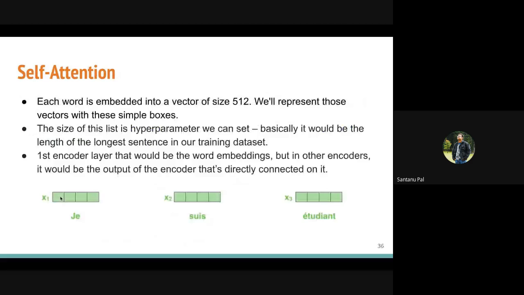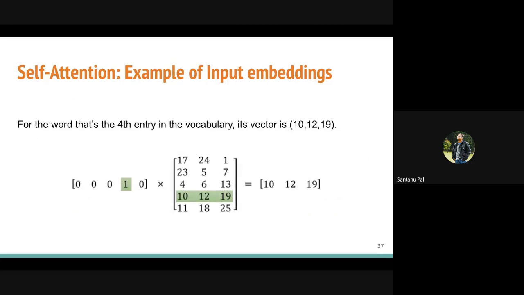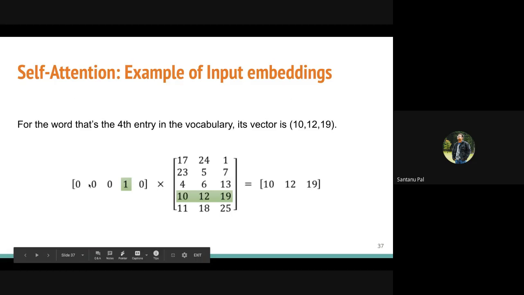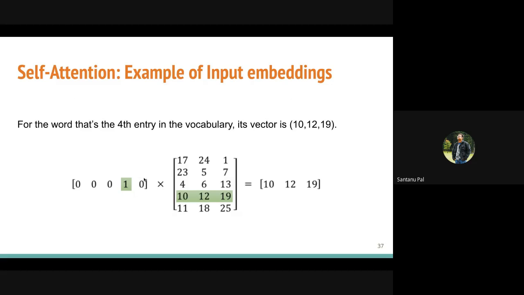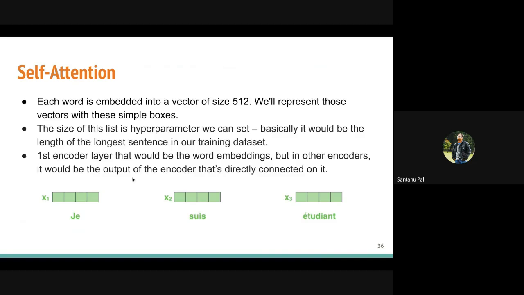Okay, so let's see some example. If you see this 00010, this is the vector representation of a particular input word, let's say x1 here.